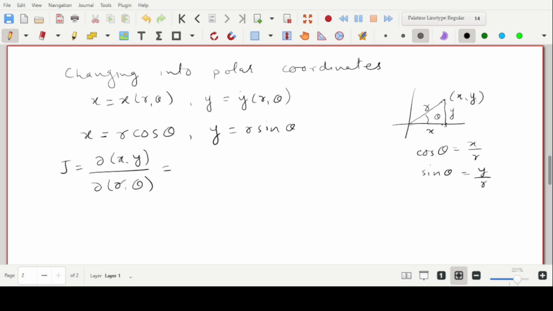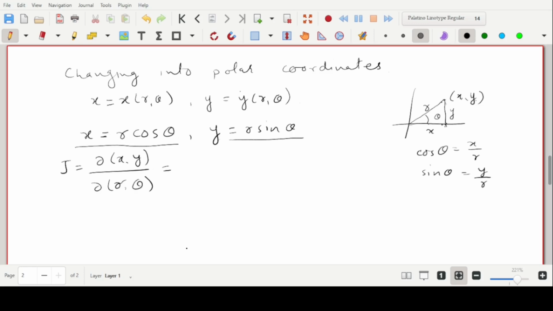But when the region of integration is circular or semicircular or has something to do with a circle or a disc, then this change of variables comes in very handy.